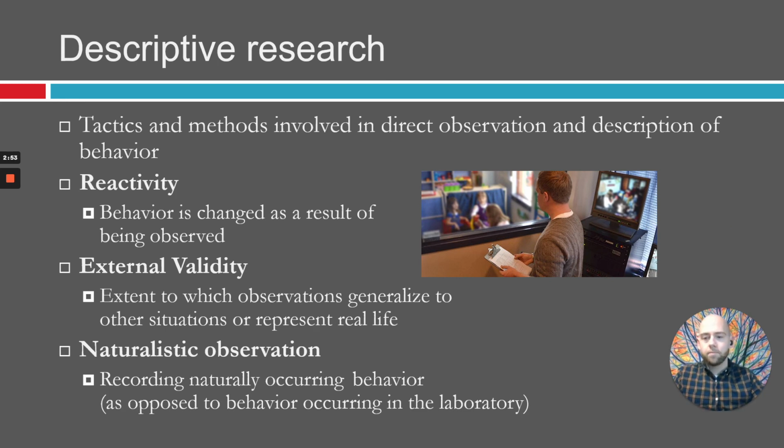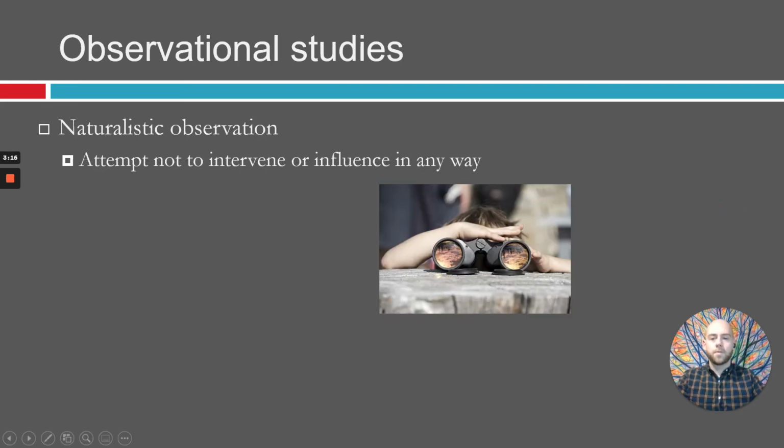You can get around this, of course, it's something I've already alluded to, have high external validity by engaging in naturalistic observation. So if you're doing this out in an actual school or a street corner or a market or something like that, that behavior you're observing there might be a little more externally valid or ecologically valid than if you did it in a laboratory or some other artificial type of setting.